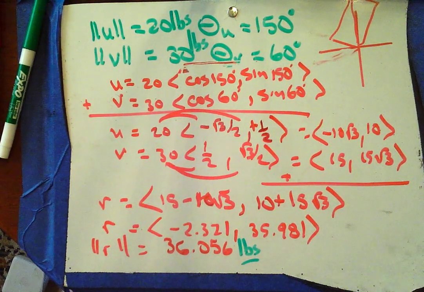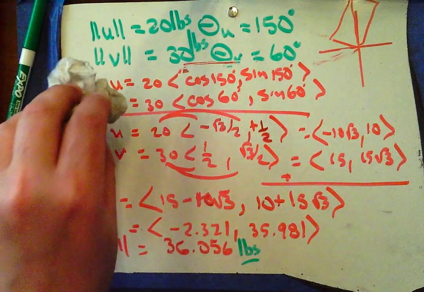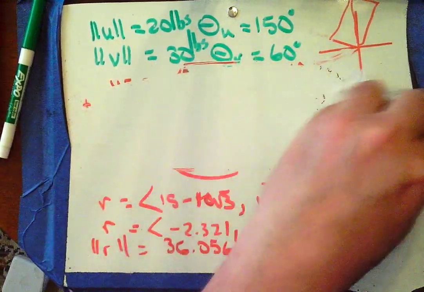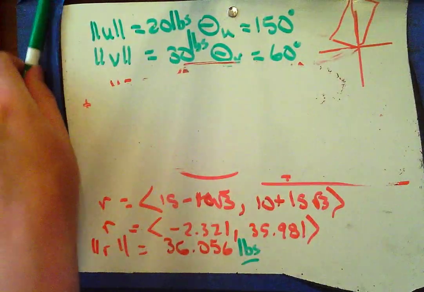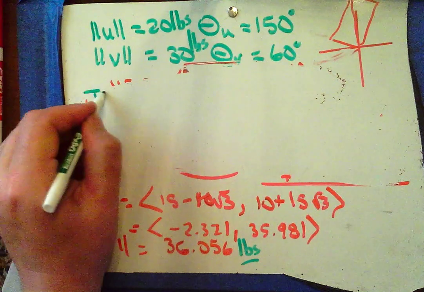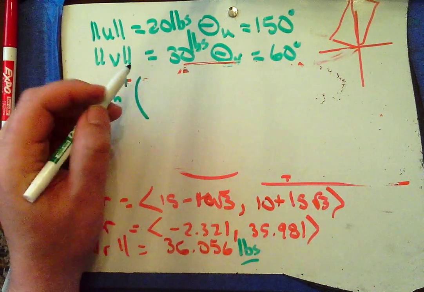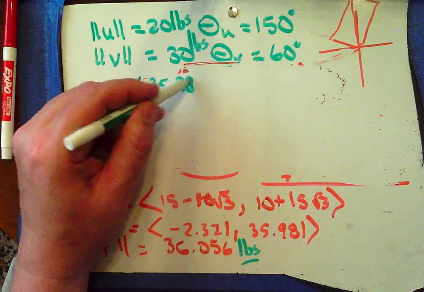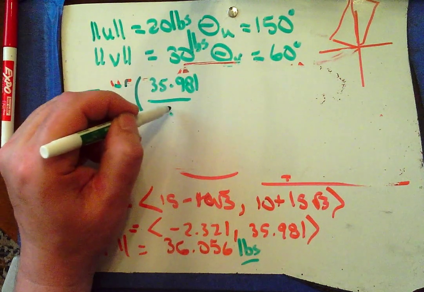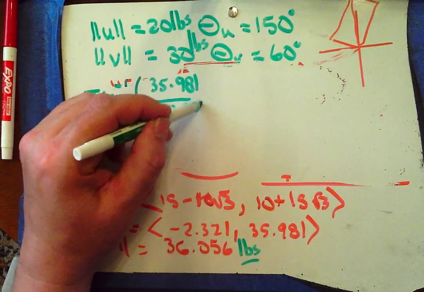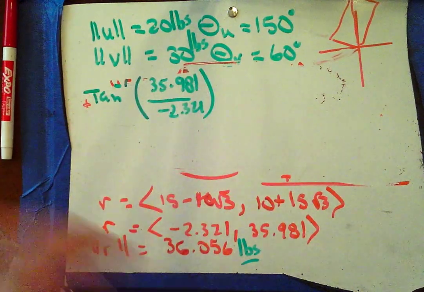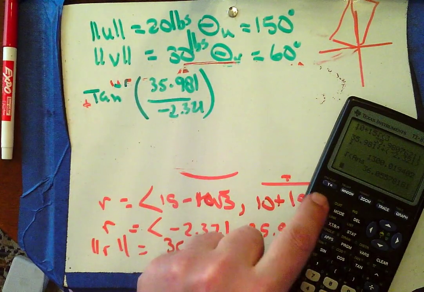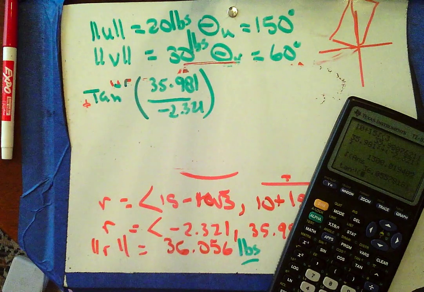Finally we need theta r, and to find theta r, we're going to be using inverse tangent. Tangent inverse of 35.981 over negative 2.321.